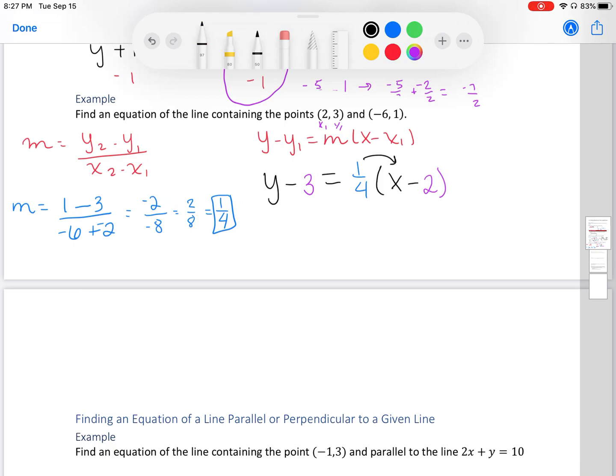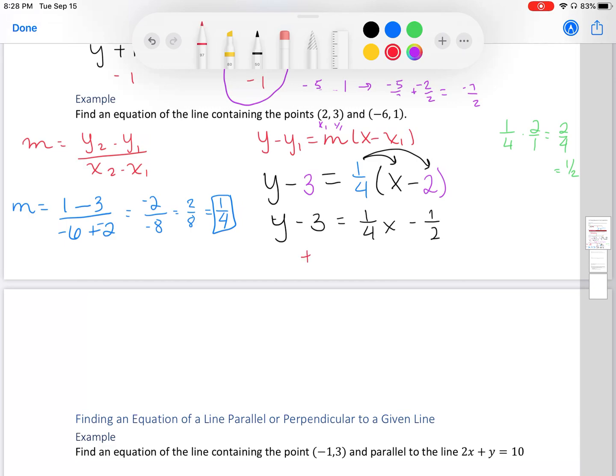All right, let's simplify. So let's distribute that 1/4. 1/4 times x is 1/4 x. 1/4 times negative 2 gives us negative 2 over 4, and that simplifies to negative 1/2. On the left-hand side, I have y minus 3.